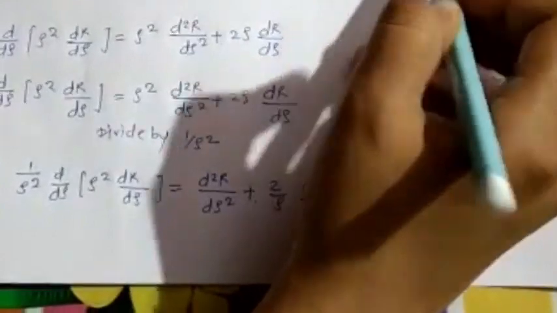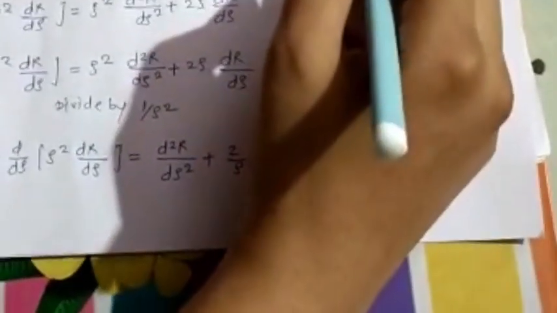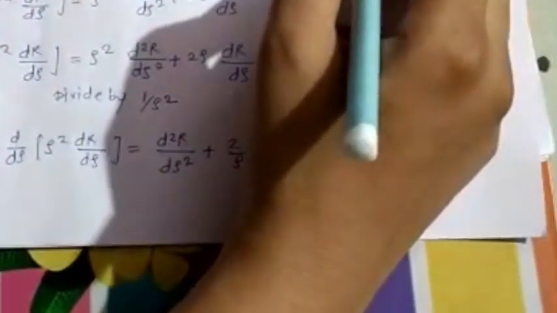Here 4 beta getting cancelled and we get the same, that is rho square, r is equals to 0.